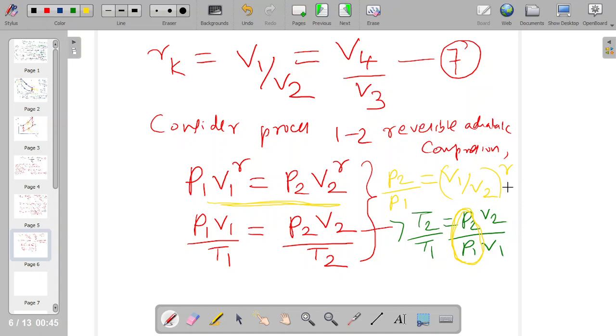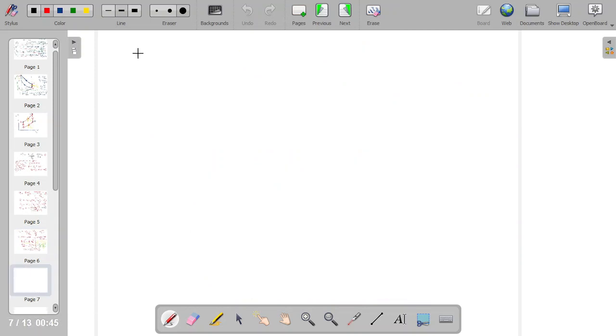So substitute this here. That means T2 by T1 is equal to V1 by V2 raised to gamma into V2 by V1. V2 by V1 we can write as V1 by V2 raised to minus 1. Further simplifying, T2 by T1 is V1 by V2 raised to gamma minus 1.